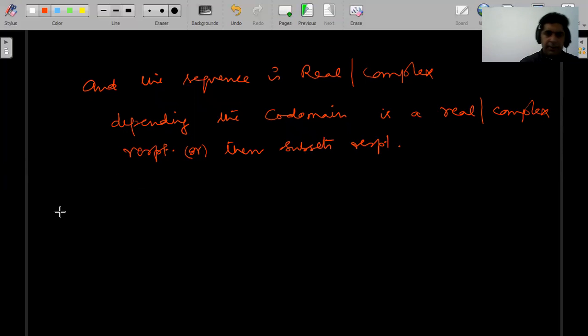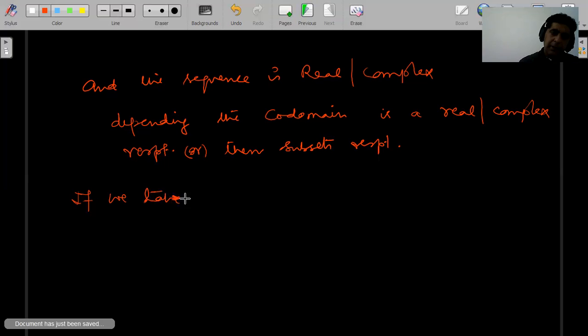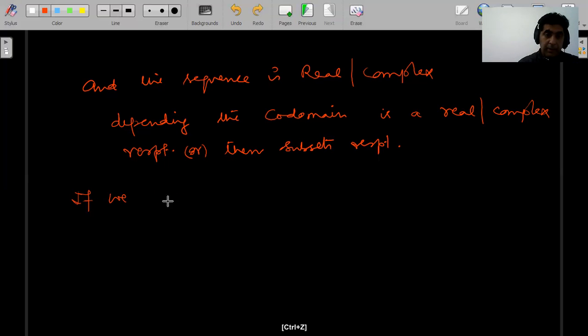Now how do we write this? If we take f is equal to A, then A from N to R is a sequence.